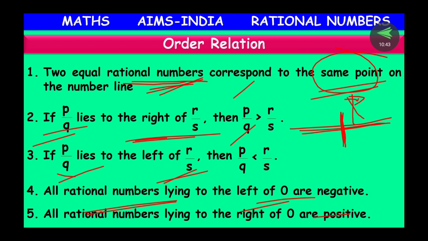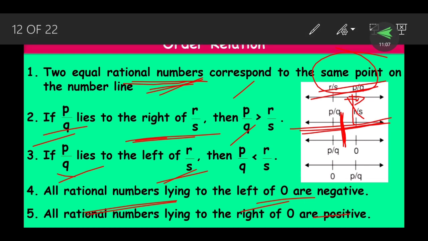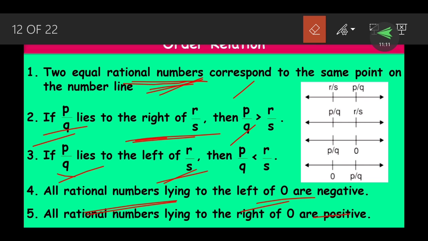Equal value, same point. If P by Q lies to the right, it will be greater. If it lies to the left, it will be lesser. Like this we have to take the order relation.